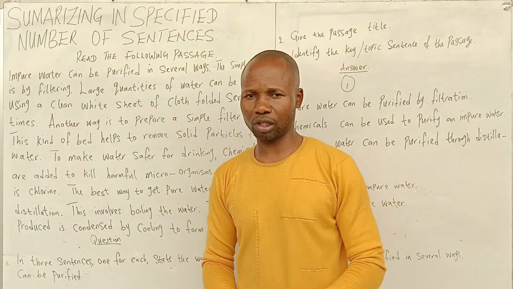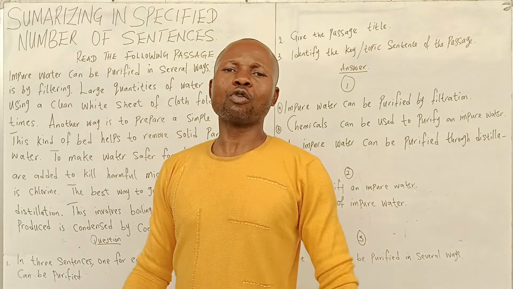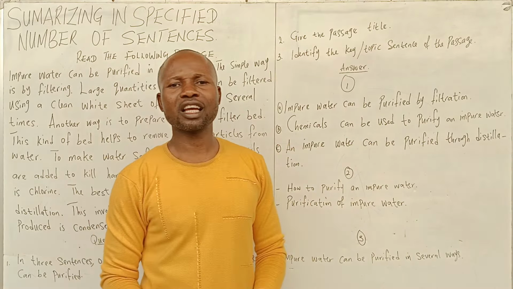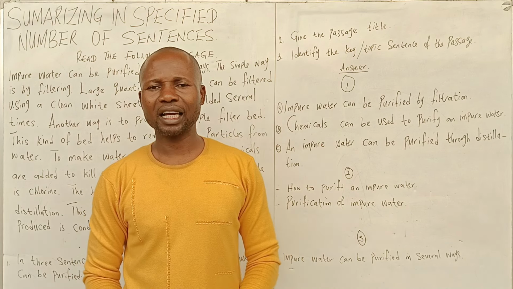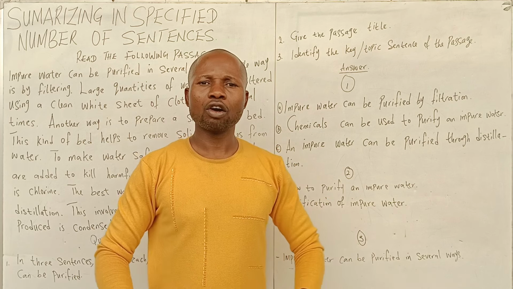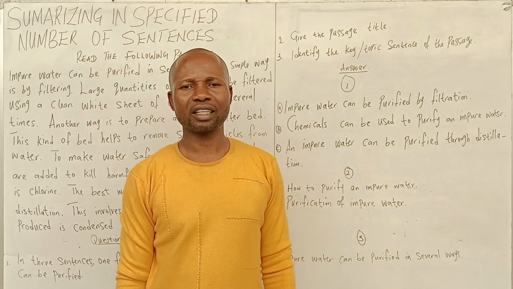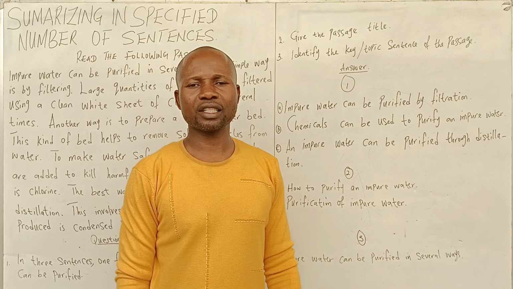Now, let us look at the question. The question says, in 3 sentences, one for each, state the ways impure water can be purified. The first thing we need to note is that we have read a passage about how water that is not pure, which is called impure water, can be purified.